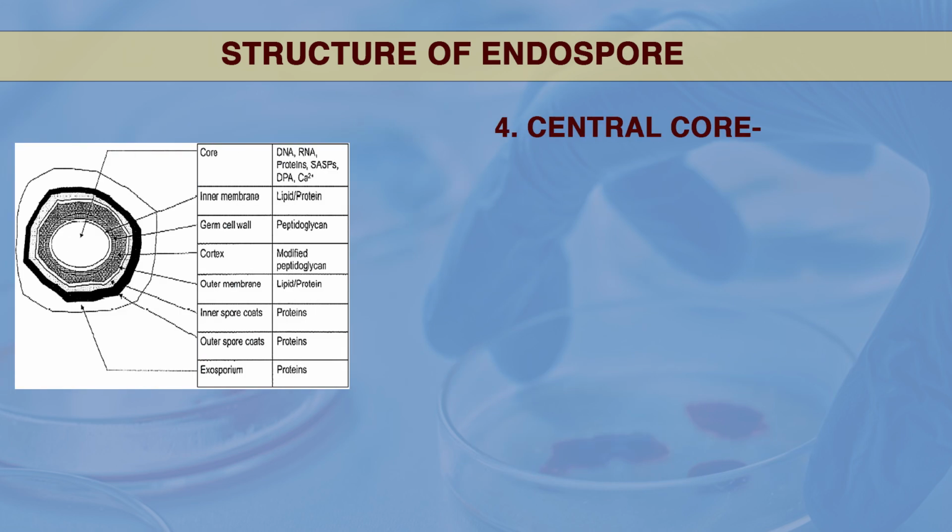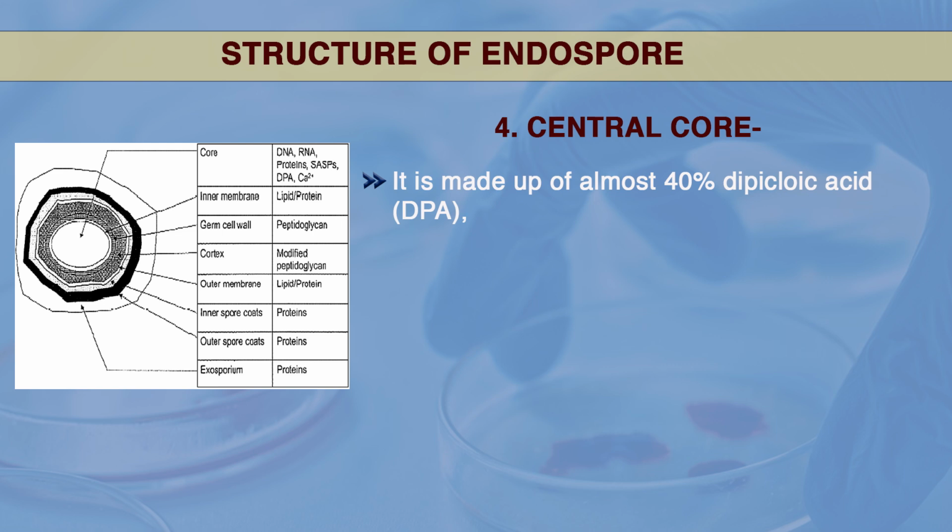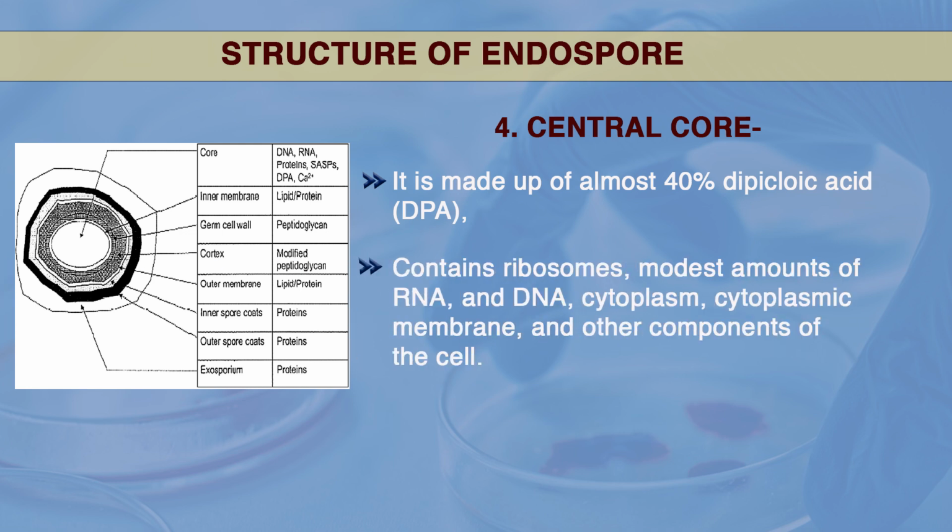Then the central core. The central core is made up of almost 40% dipicolinic acid, known as DPA, and contains ribosomes, a modest amount of RNA and DNA, cytoplasm, cytoplasmic membrane and other components of the cell, and the core content is 10 to 25% water.